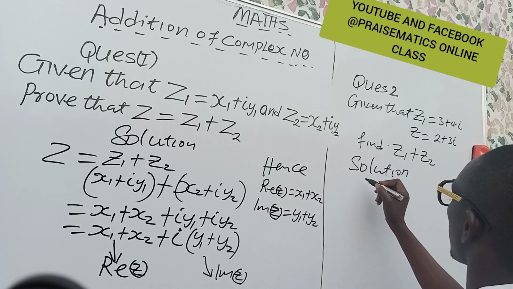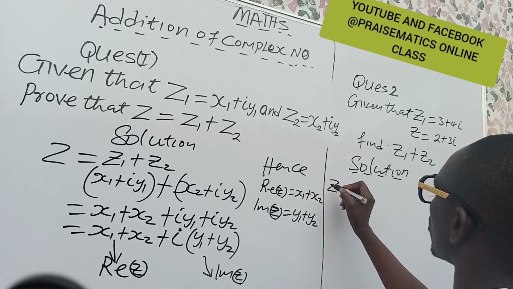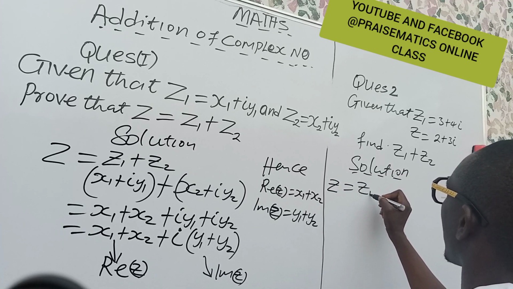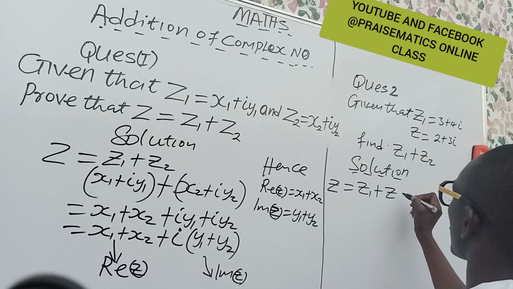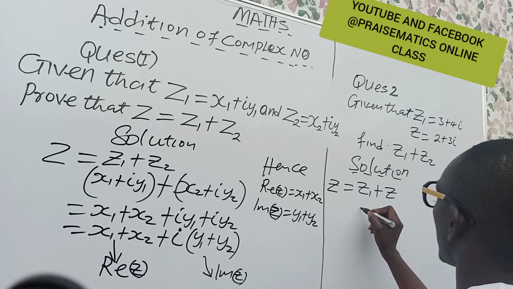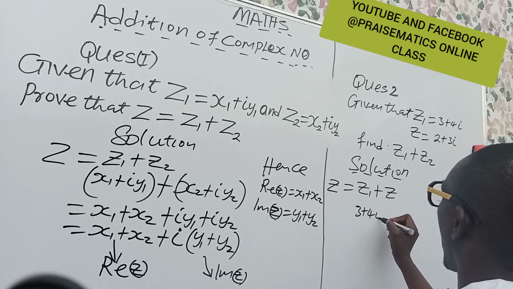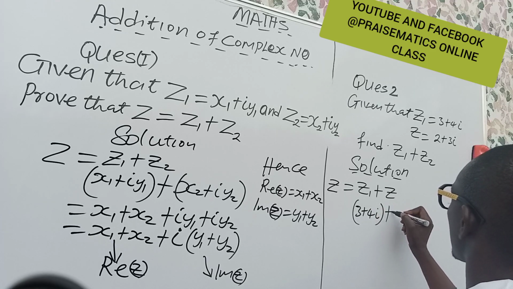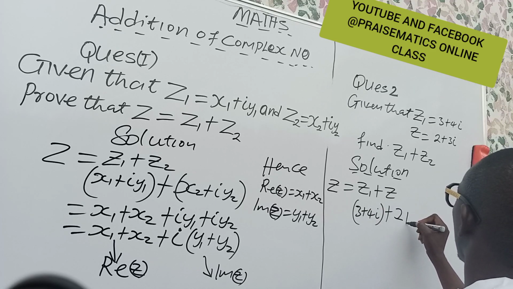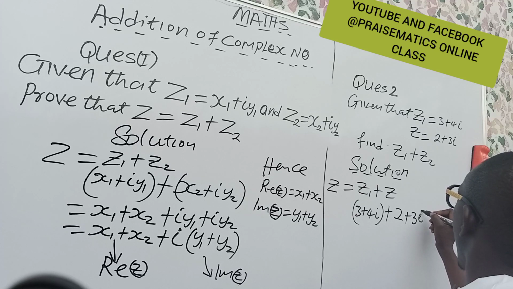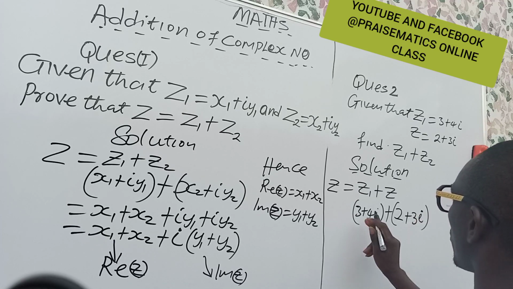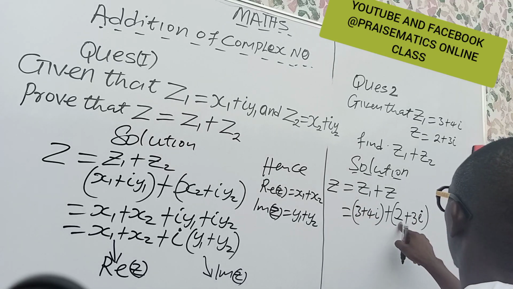Now, we are going to solve that the complex number z is equal to z1 plus z2. Our z1 is 3 plus 4i, plus z2, which is 2 plus 3i. What do we do? Add the real part to real part: 3 plus 2.